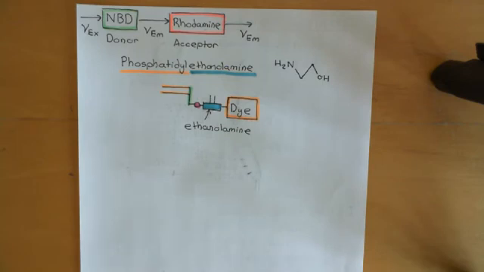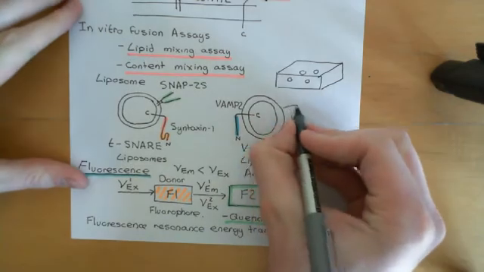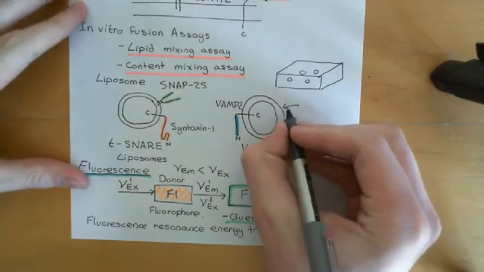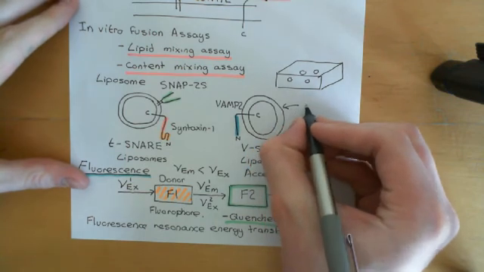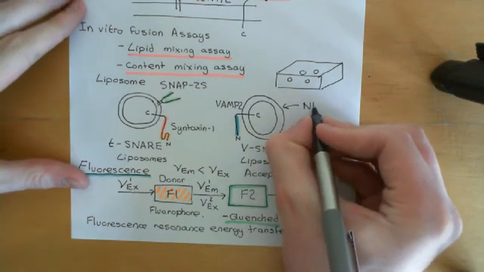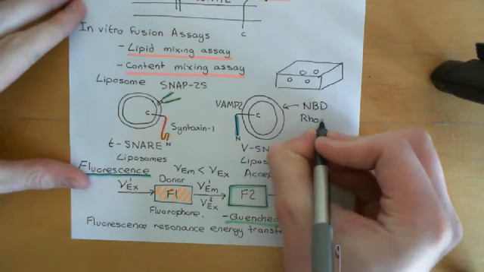Then we're going to put these lipid-bound dye molecules into the membranes of one of our populations of vesicles. Specifically, we're going to put them into the V-SNARE vesicles, with phosphatidyl ethanolamine molecules carrying both rhodamine and NBD.